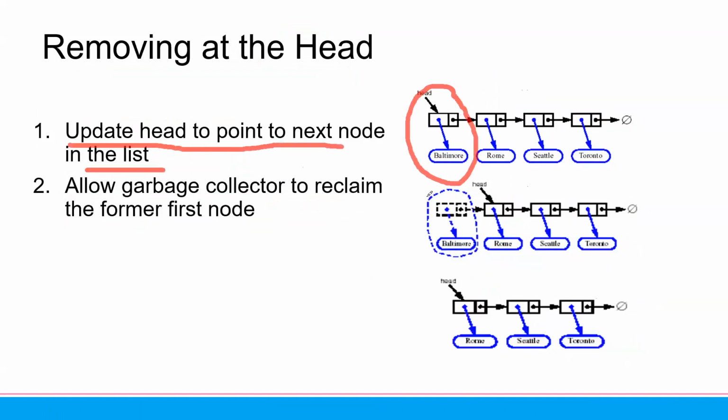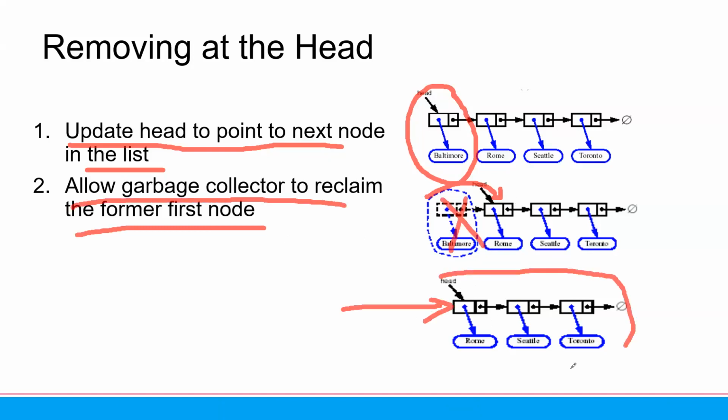So we set the next node as the new head and allow the garbage collector to reclaim the former first node. So this one will be removed and it will be like this linked list. The original one is this one, and now it returns back to this position.